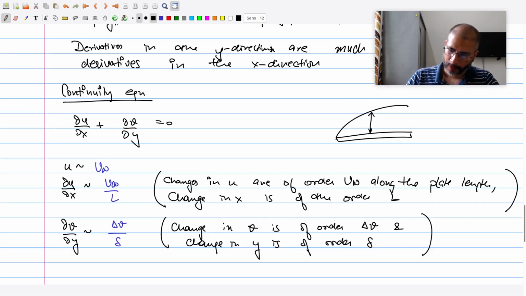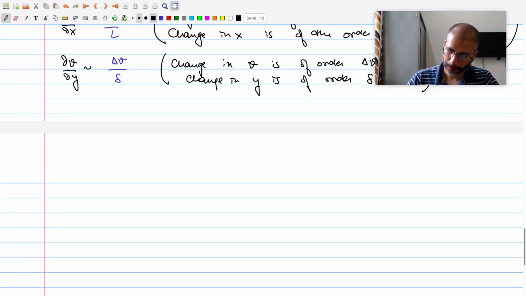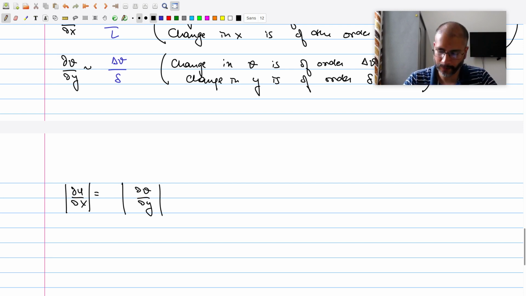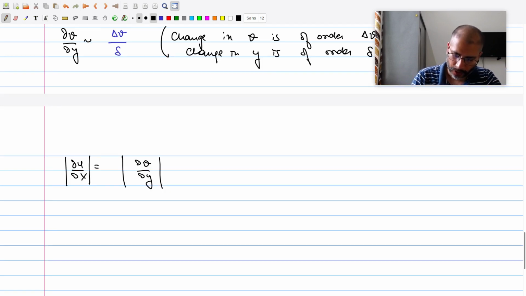But the continuity equation also tells us that del u by del x is equal to minus del v by del y, or basically their magnitudes are equal. Only then will del u by del x plus del v by del y sum to 0. So the order of this term has to be the same.